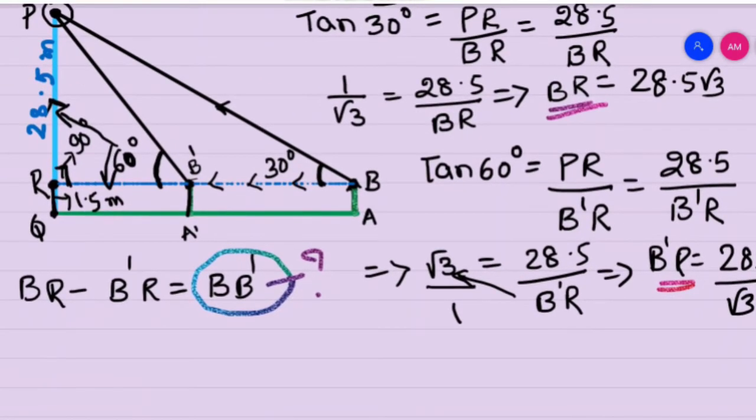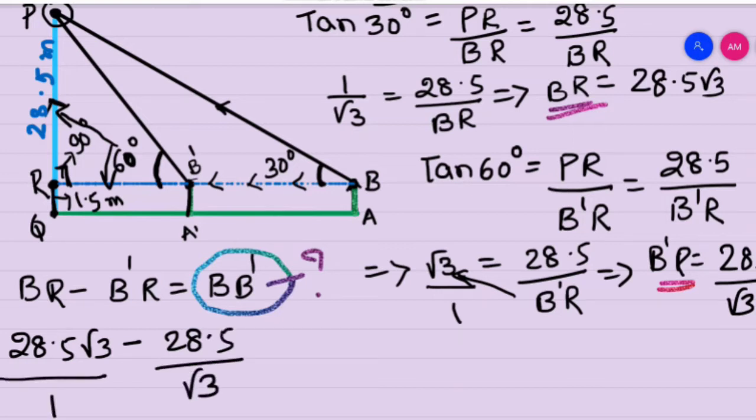So what is your BR? 28.5 root 3. You know BR is 28.5 root 3 minus B dash R is 28.5 divided by root 3. Now this value will give you the value of B dash B. Now simply you find out the LCM.